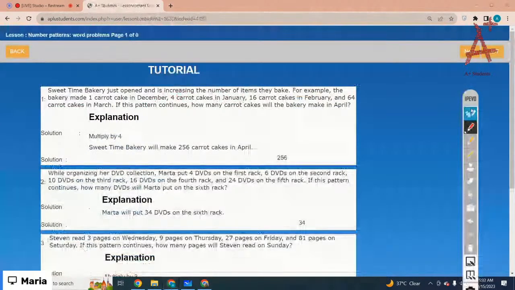Okay, one cake in December, right? Then 4 cakes in January, 16 cakes in February, 64 in March. If the pattern continues, how many carrot cakes will the bakery make in April? Just find the pattern. 1 times 4 is 4. 4 times 4 is 16. That means for the next number you have to multiply by 4.